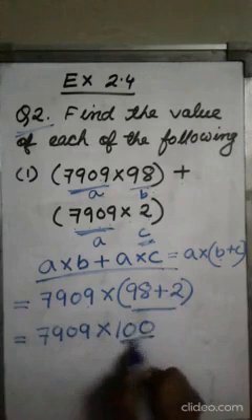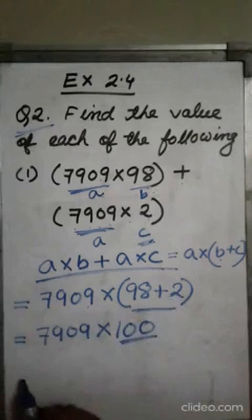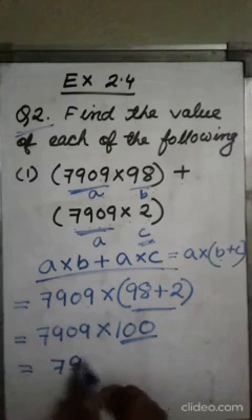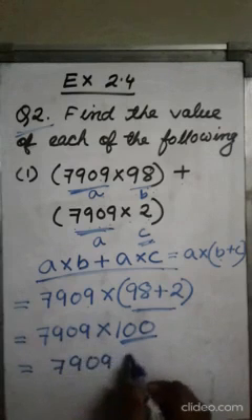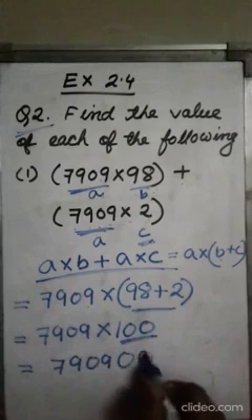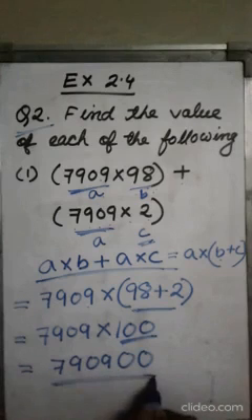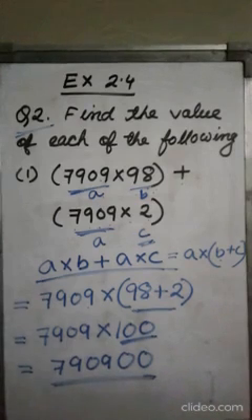You know how to multiply a number with 100? That is nothing but 7,909, and two zeros will be added at the last of the number. So this is my answer for the question.